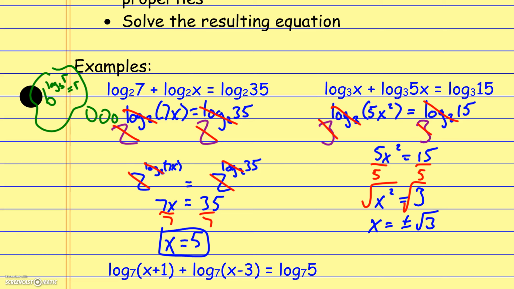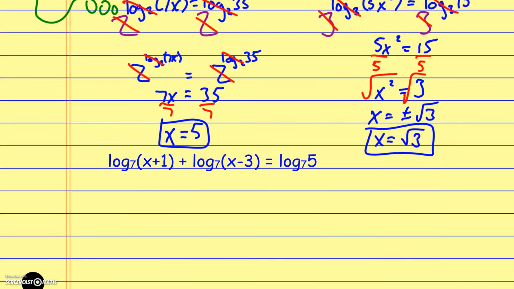We can't plug negatives into this, so basically any negative answer that we get is going to be an extraneous solution. So the negative doesn't work, so I'm only going to use the positive square root of 3. And I didn't mention that in the previous one because x equals 5 is a valid solution. Had it been x equals negative 5, then it would be no solution. So again, can't plug negatives into the logarithm.